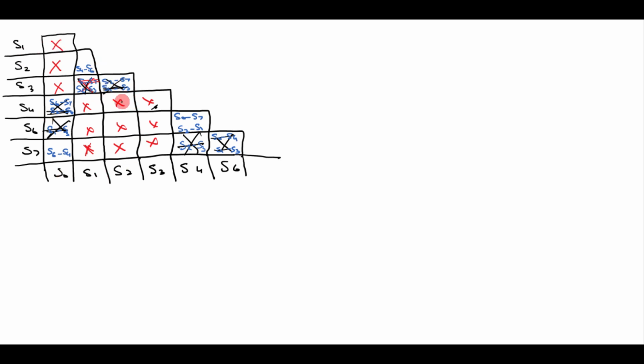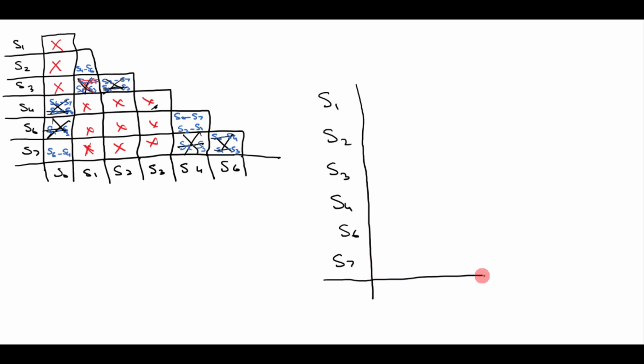So from here, your simplified triangular array can be developed again. S0, S1, S2, S3, S4, S6.